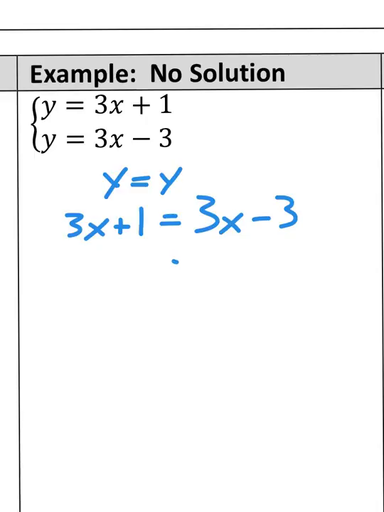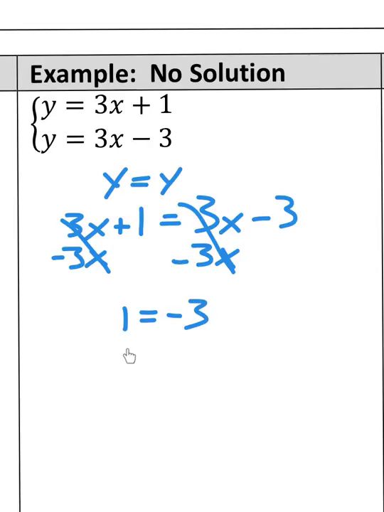So I'm going to subtract 3x from the right and the left. This cancels out, and I get 1 equals negative 3. I've got nowhere else to go here. I have 1 equals negative 3, and this is not true. Therefore, there is no solution.